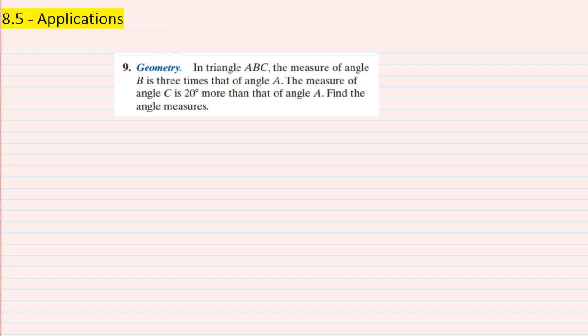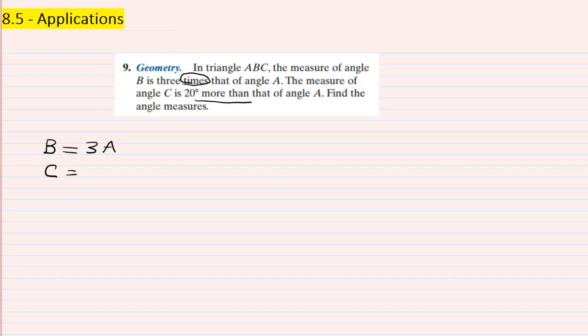So let me write an equation for that. Measure of angle B is, so I'm going to write B is 3 times that of angle A. So that would be 3A, wouldn't it? The measure of angle C is 20 degrees more than. So again, the keywords here, clearly up here, times means multiplication.